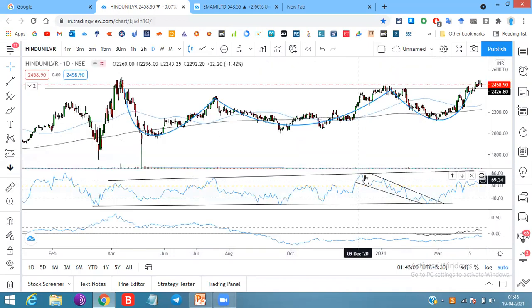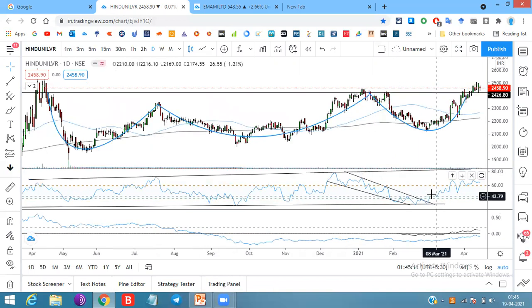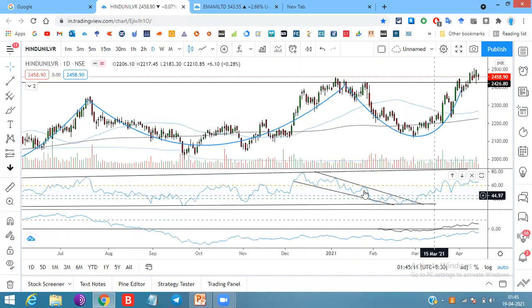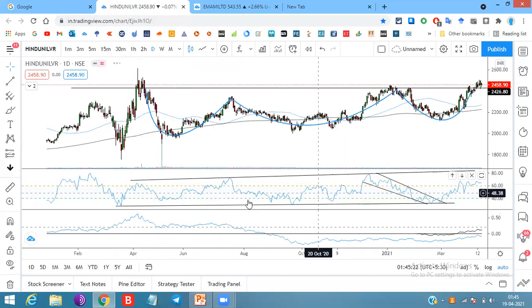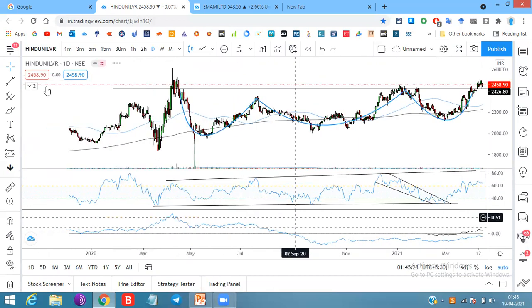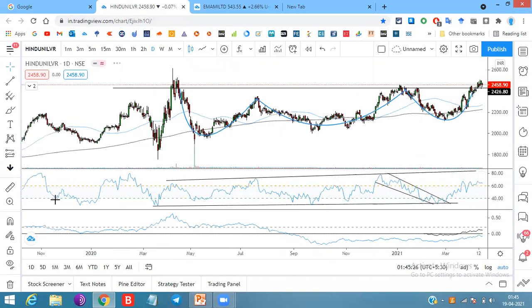So we could see that the RSI was continuing its travel inside the descending channel, and at some point RSI started consolidating. At some point RSI broke the 40 region. Then too we can see that it wasn't breaking this particular one. Let me just, for ease, cancel this out.